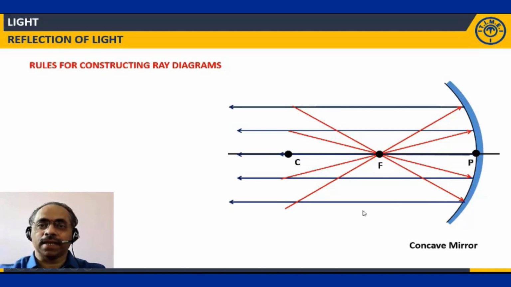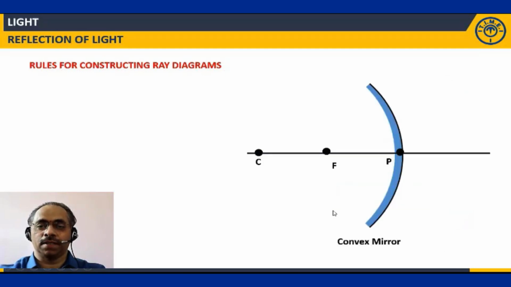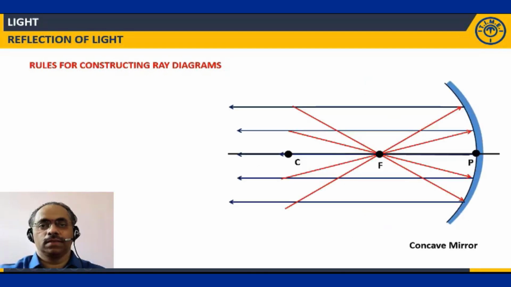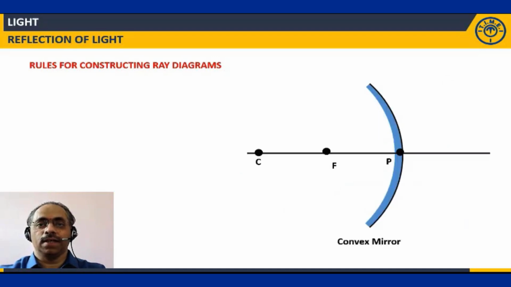Let us see a similar case for a convex mirror also. What is happening? Here I am considering the convex mirror, principal axis, center of curvature, pole.